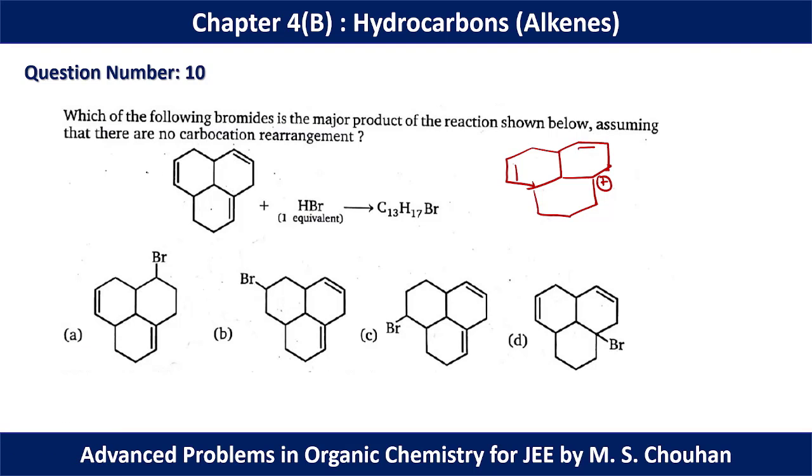You can dissociate this or this, but you cannot have the maximum number of hyperconjugation in any of the other cases. So this is your initial carbocation, and obviously Br minus will approach this carbocation to form the final product, which is basically option D. So for question number 10, option D is the correct option.